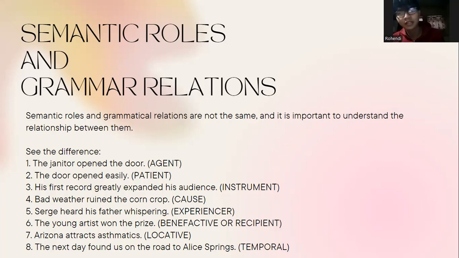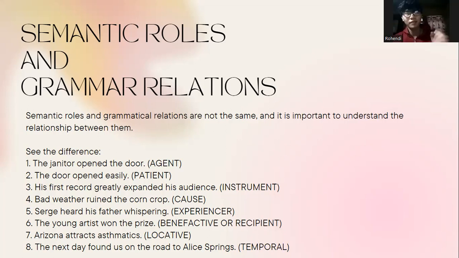Lalu ada "his first record greatly expanded his audience." His first record becomes the instrument. "Bad weather ruined the corn crop." Bad weather becomes the cause. Lalu ada "Serge heard his father whispering."